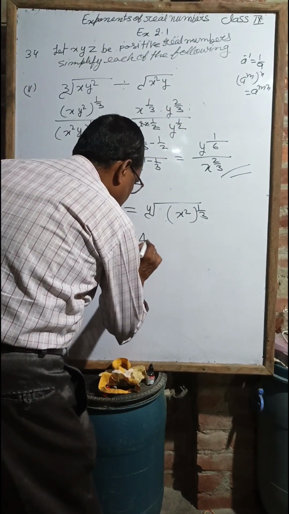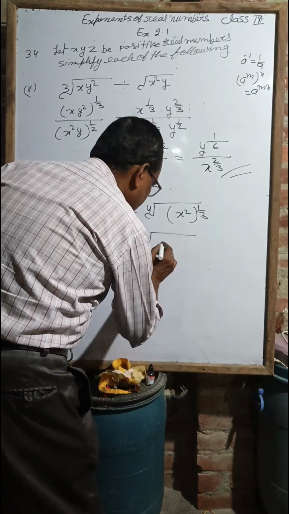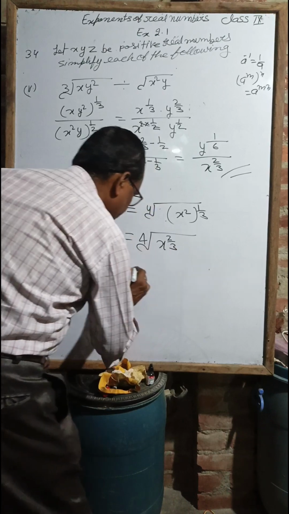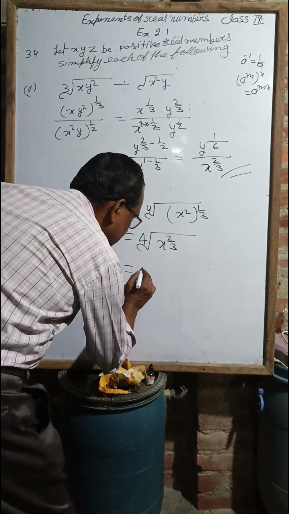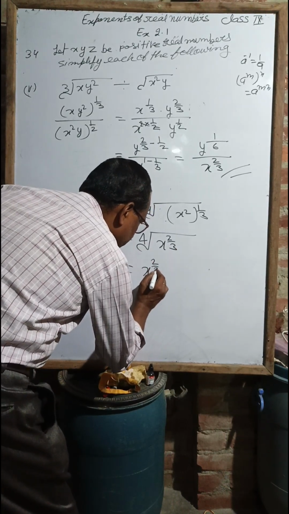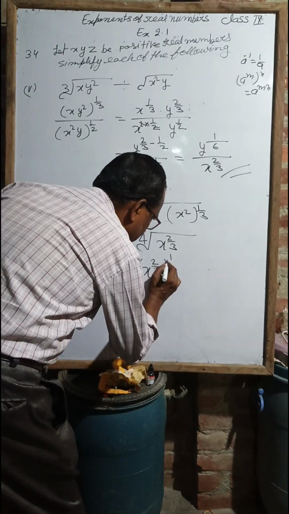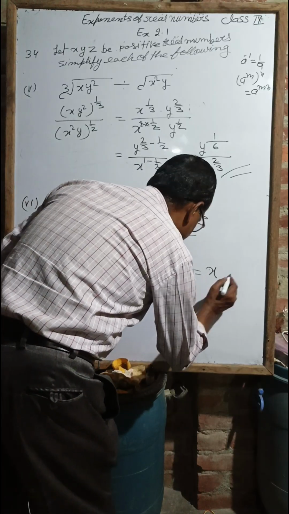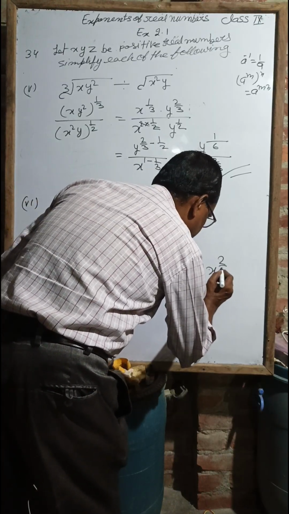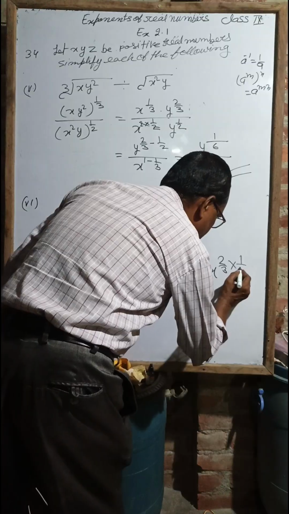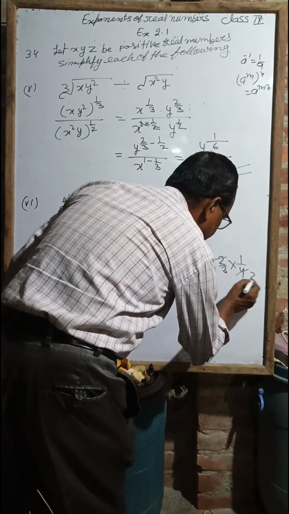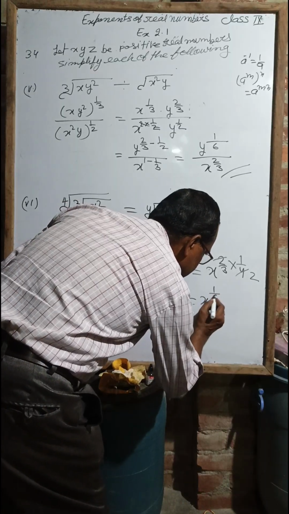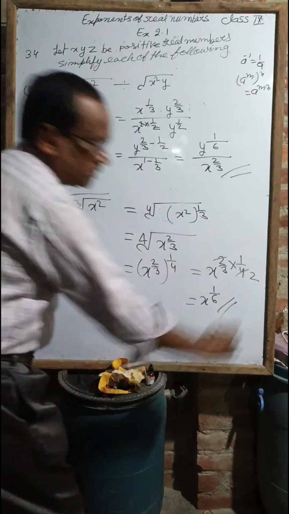So fourth root of x raised to the power 2 over 3 is equal to x raised to the power 2 over 3 whole to the power 1 over 4, is equal to x raised to the power 2 over 3 times 1 over 4, the 2 cancels with the 4, is equal to x raised to the power 1 over 6. That's the answer.